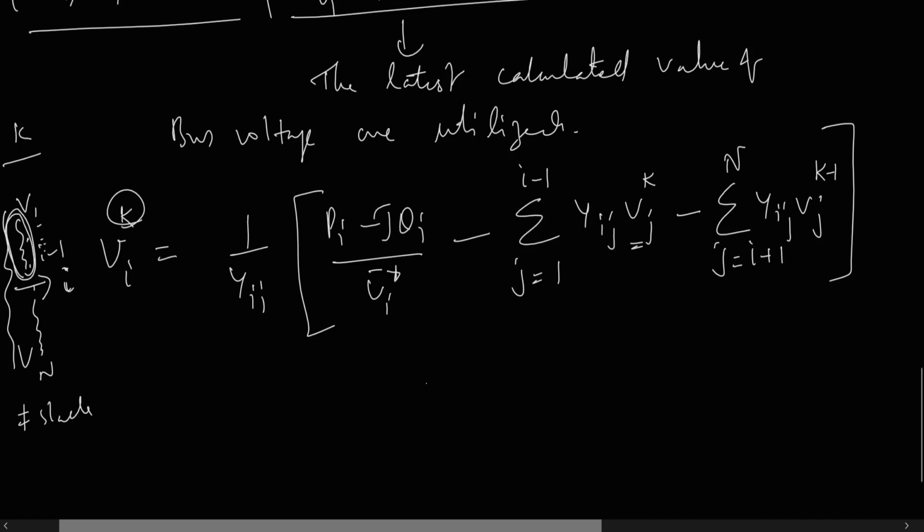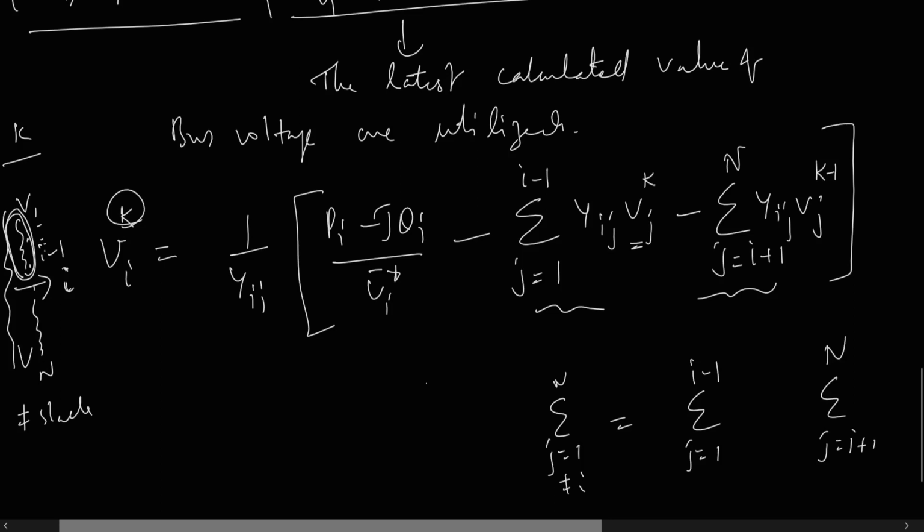So I have expanded this summation into two terms. Earlier it was summation j equals 1 to n but not equal to i. Now this is divided into summation j equals 1 to i minus 1 and summation j equals i plus 1 to n. Right? i is missing here.